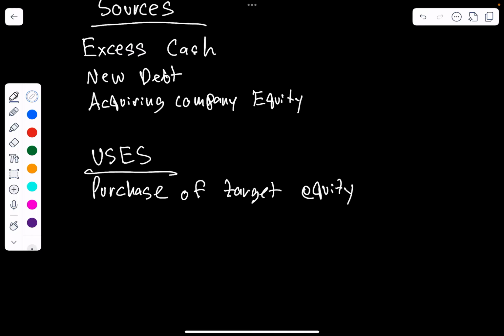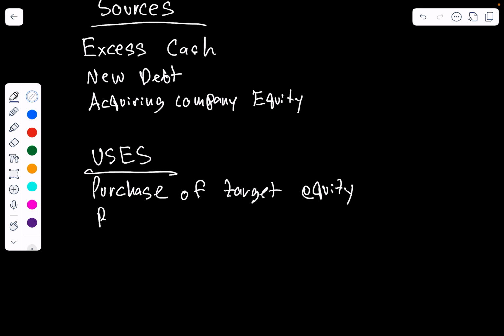Another that is pretty common is that you might have to refinance the debt of the target company. Let's say that the target company has $25 million of debt. Now that you're acquiring that company, you might pay off that debt and refinance it.